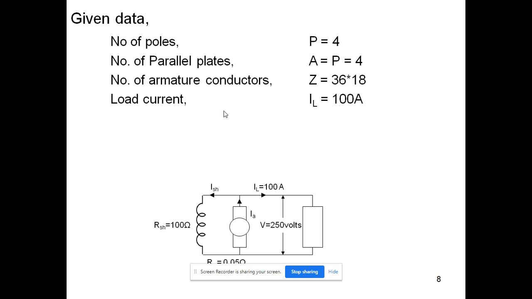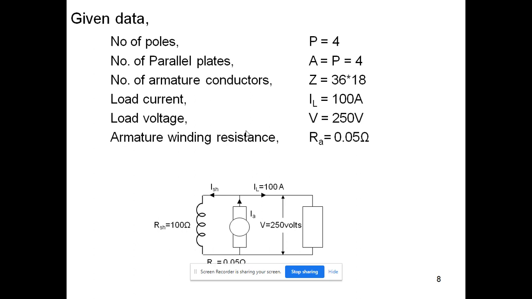The load current is 100 amps and the load voltage is 250 volts. The armature winding resistance Ra is 0.05 ohms.